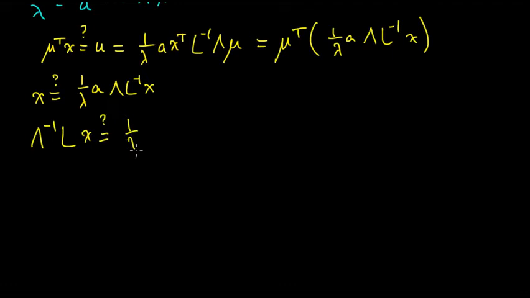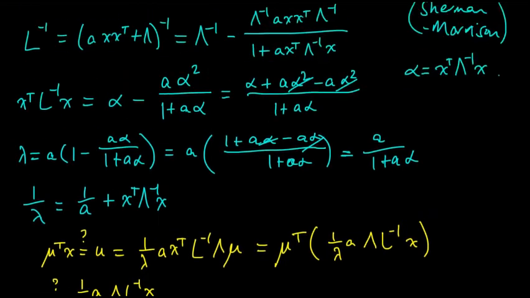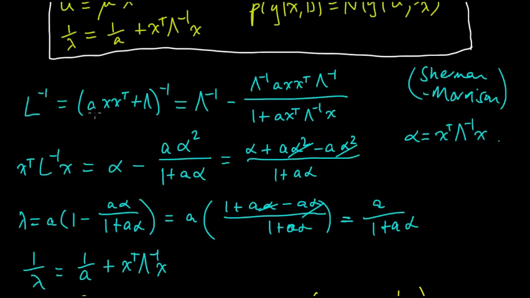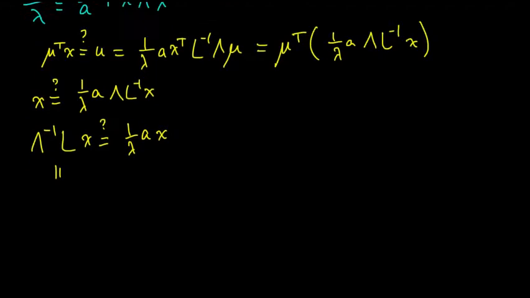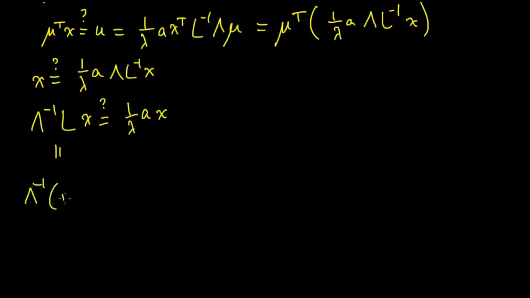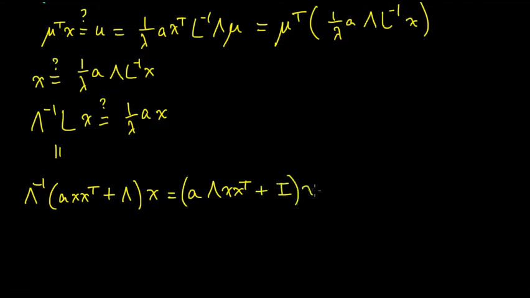We want to show this: 1 over a x, because these are just constants. What is L? L was what was inside of here: a x x transpose plus lambda. Lambda inverse a x x transpose plus lambda. X, multiply the lambda through, we get a lambda x x transpose plus the identity. Is that right? Times x.